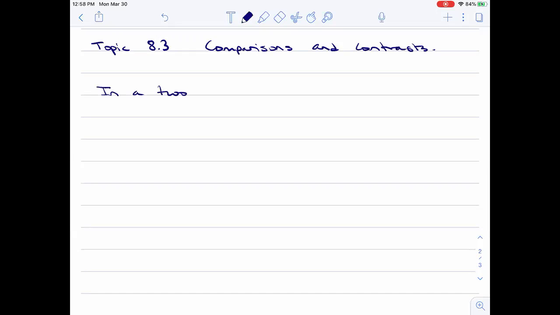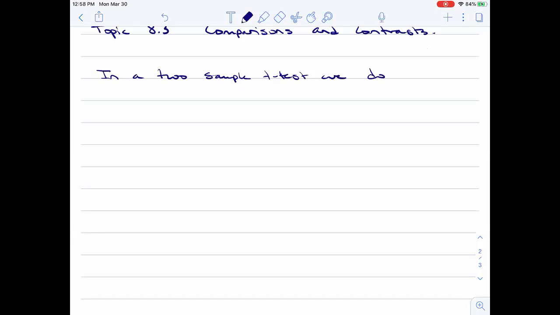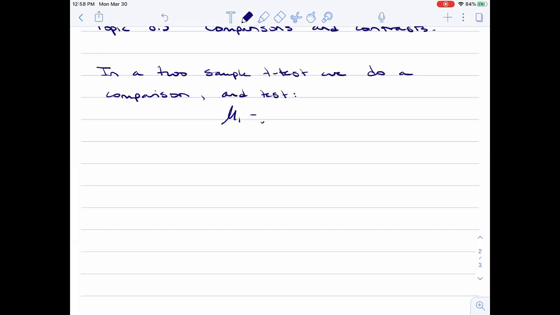In a 2-sample t-test, we do a comparison, and we test something like mu1 minus mu2, is it equal to 0, for example. So we're comparing mu1 and mu2.